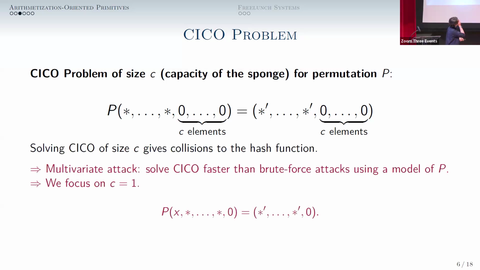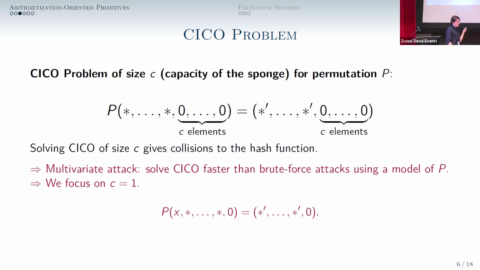But for multivariate attacks, what this means is that we define polynomial systems, so preferably of low degree, whose solutions are solutions to the CICO problem. And so if you can solve the polynomial system, you get solutions to this problem. And in fact, if you can solve the CICO problem of size c, the capacity, you actually generically get collisions to the hash function, so you break the hash function.